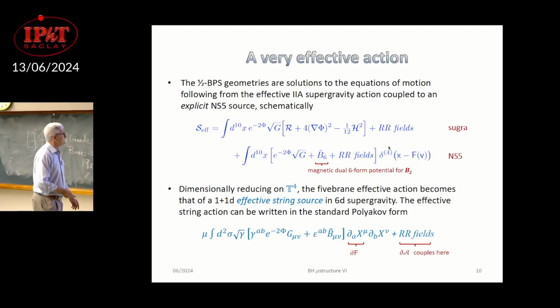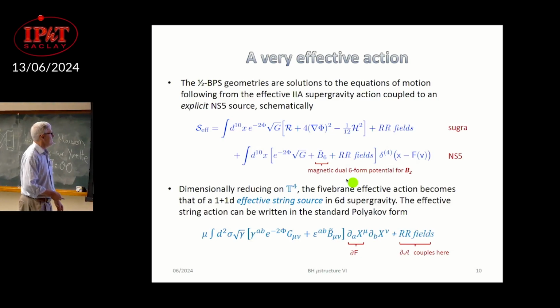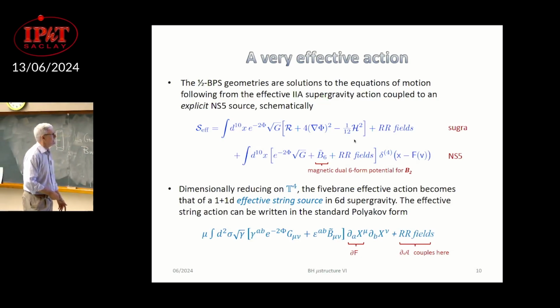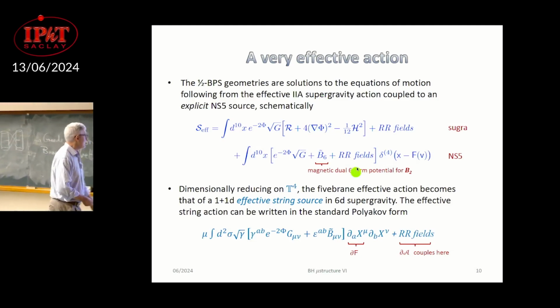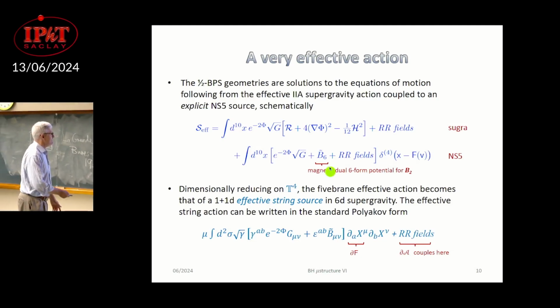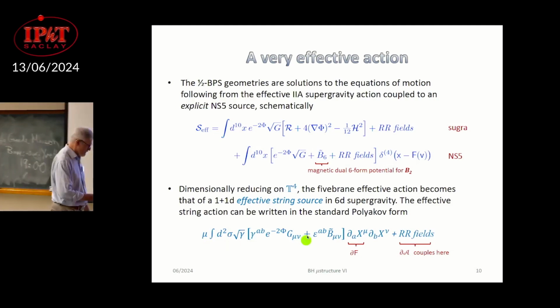And so if we dimensionally reduce this both in the bulk and on the brane, we get some 6-dimensional supergravity action that's coupled to a 1+1 dimensional string. And so this fibrane action then reduces to effectively a 1+1 dimensional string action of the usual Polyakov form.